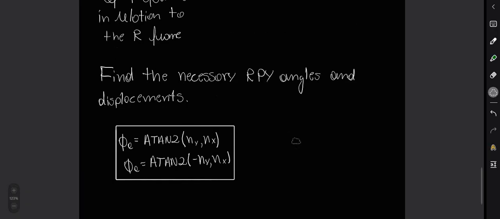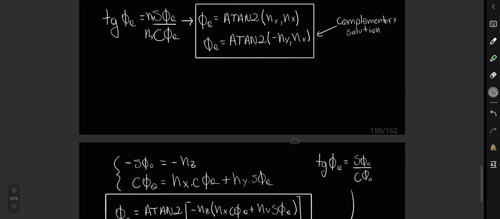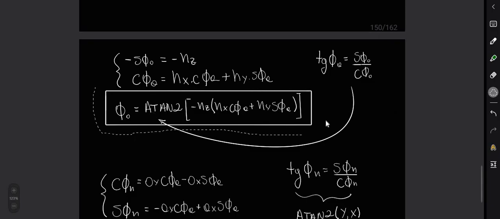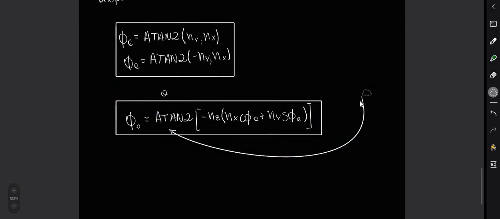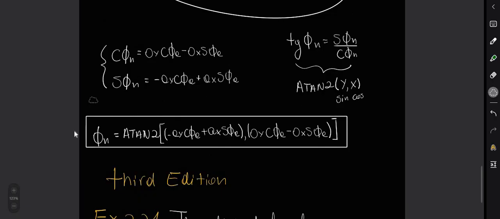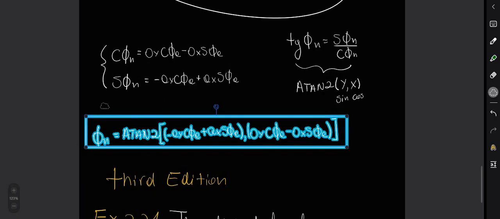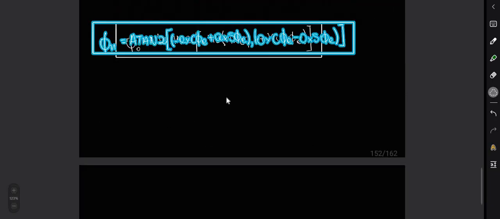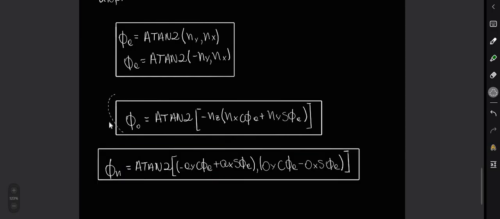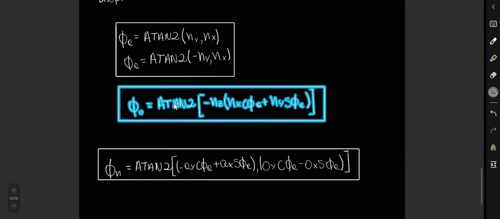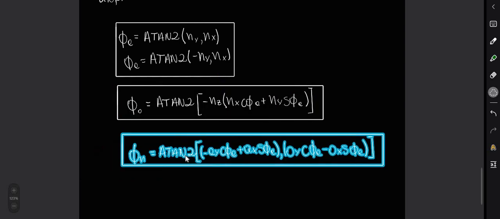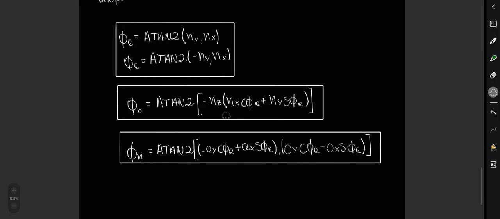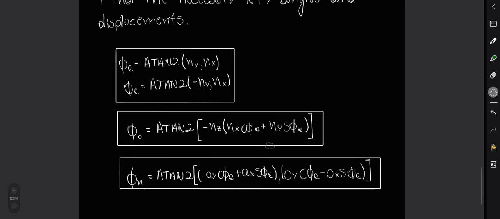The solution for the phi A angle, the angle of rho, the solution of the phi O angle, and the solution of the phi N angle. Okay, now it's easy.